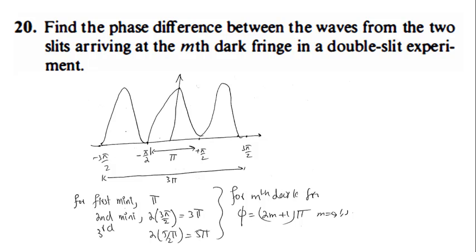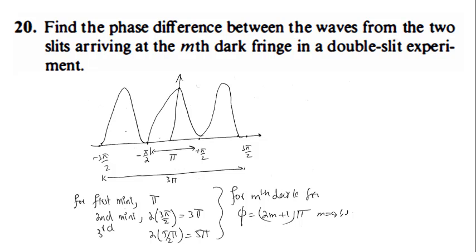Similarly for the second minima, this is the second minima, this is the second minima, so this will be 2 times 3 pi by 2, which is 3 pi. And similarly for the third order we will have 2 times 5 pi by 2, which is equal to 5 pi. Now you can see the trend here.